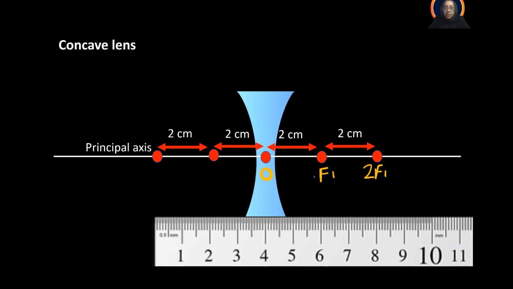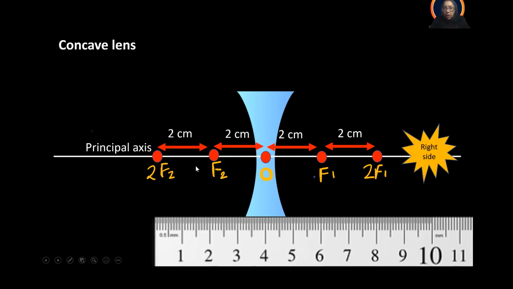So one important thing is that if you remember, for the convex lens, we have taken the left-hand side points as F1 and 2F1. But for concave lens, we are doing just the opposite. But in different textbooks, it's different. So I'm considering it like this. You can choose my convention as well. So here for the right hand side, I've taken the focus as F1 and 2F1 and the left hand side as 2F2 and F2. Remember to put them equidistant.